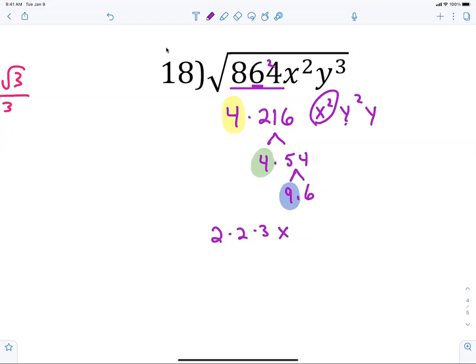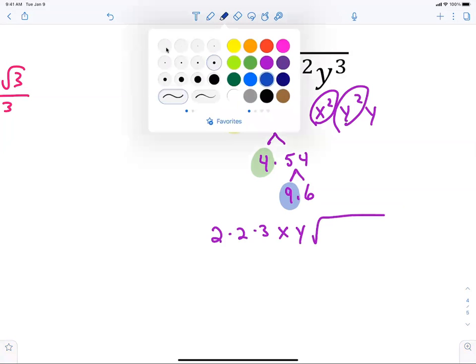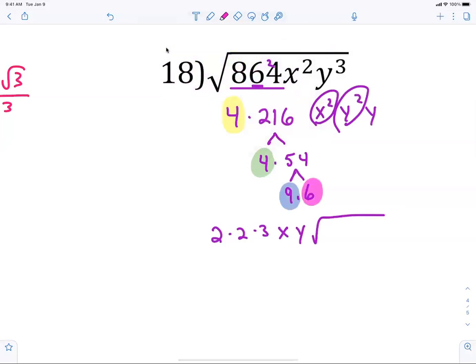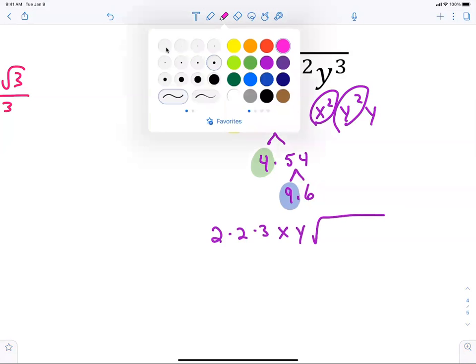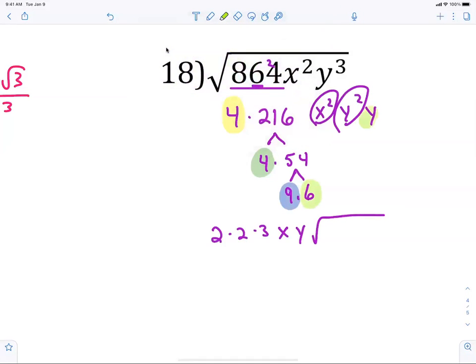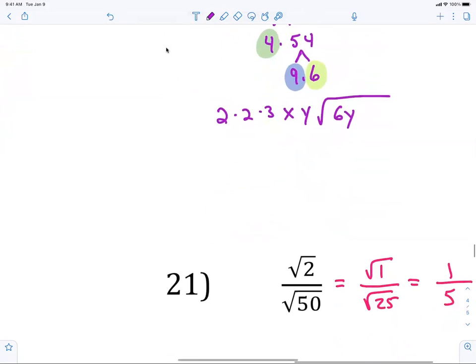What's the square root of y squared? Thank you. What's left behind? And what else? Don't forget the 6 and the y. And so 2 times 2 times 3 is 12xy, square root 6y. Yeah, that was hard.